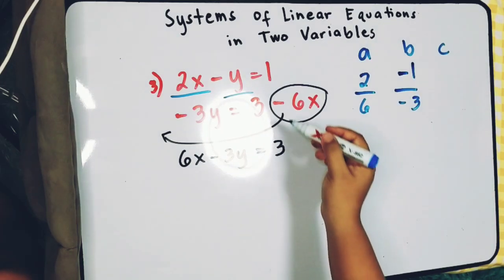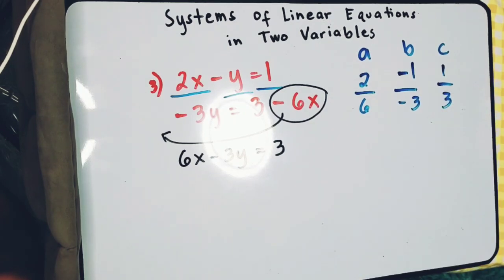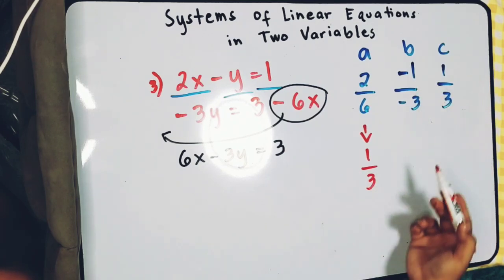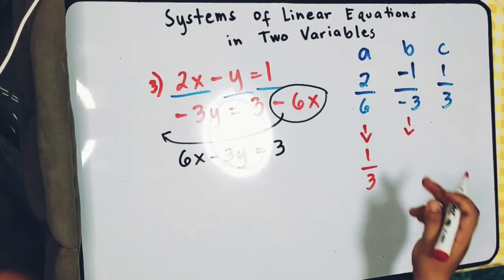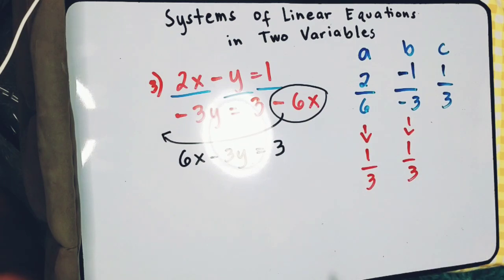And C is 1 over 3. Simplify. 2 over 6, it can be simplified, right? We will just divide both numerator and denominator by 2. So, it will become 1/3. Then you have negative 1 over negative 3. Simplify. So, since they are both negative, it will become positive. Then C, 1/3, already in simplest form.